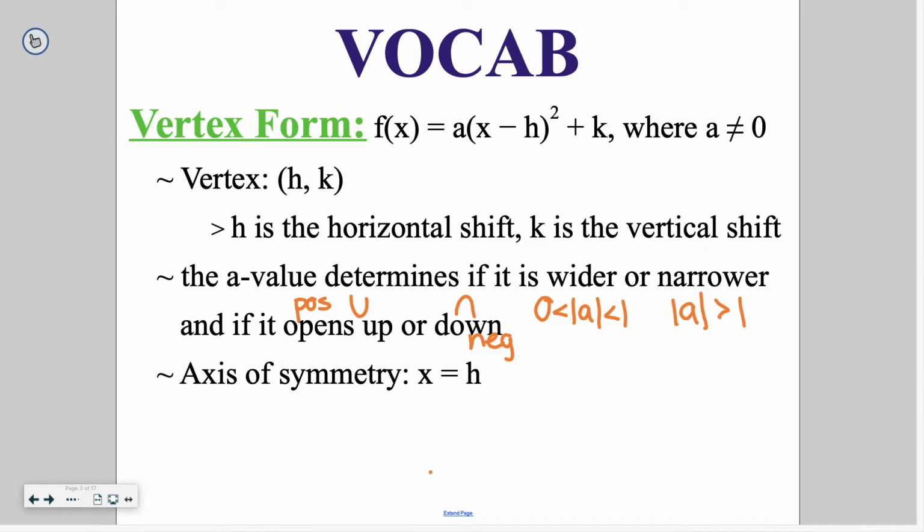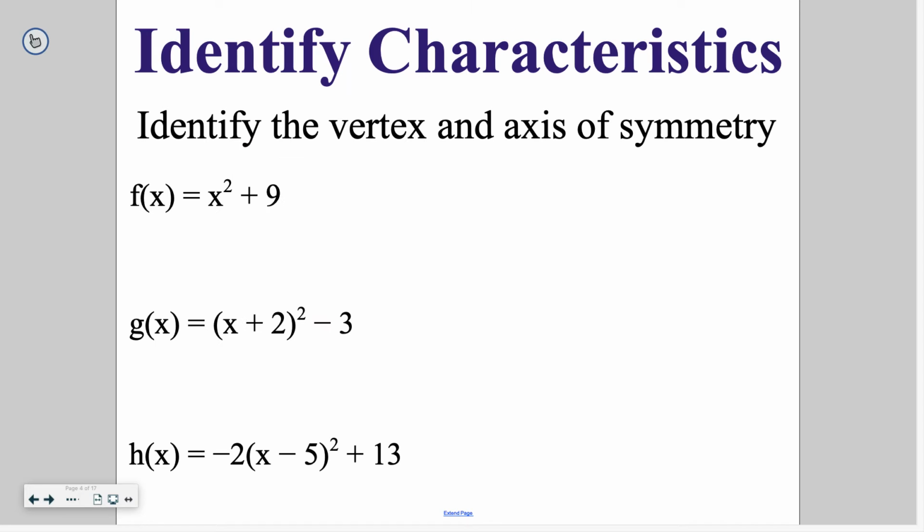So the first thing we're going to do is just identify some of the pieces based on different equations. So we're going to just identify the vertex and that axis of symmetry. So looking at this first equation, f of x equals x squared plus 9. Picking out my vertex, you're going to notice that there's nothing in parentheses.